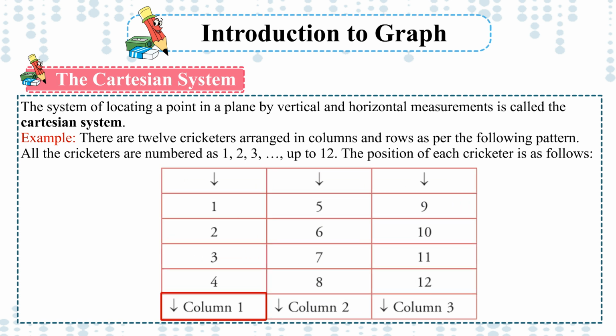Column 1, Column 2, Column 3. Row 1: 1, 5, 9. Row 2: 2, 6, 10. Row 3: 3, 7, 11. Row 4: 4, 8, 12.